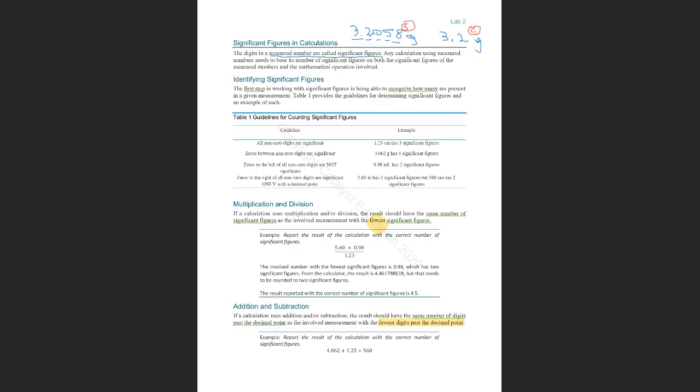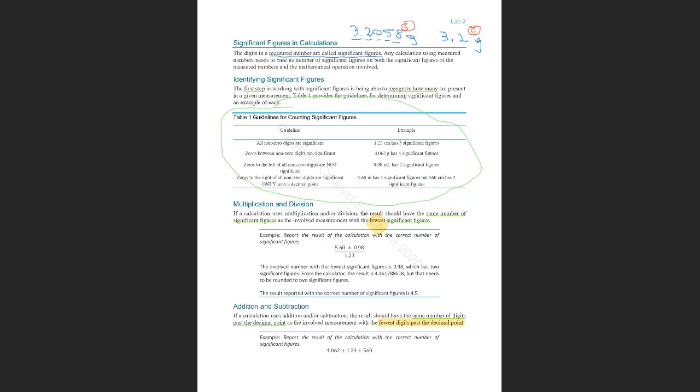So the first step in working with sig figs is to recognize how many sig figs are in a measurement. They are good, these people, and they are giving us this table that you need to know. You can read it from the right up. You need to know, because if you don't know how many sig figs a number has, you cannot perform a calculation.